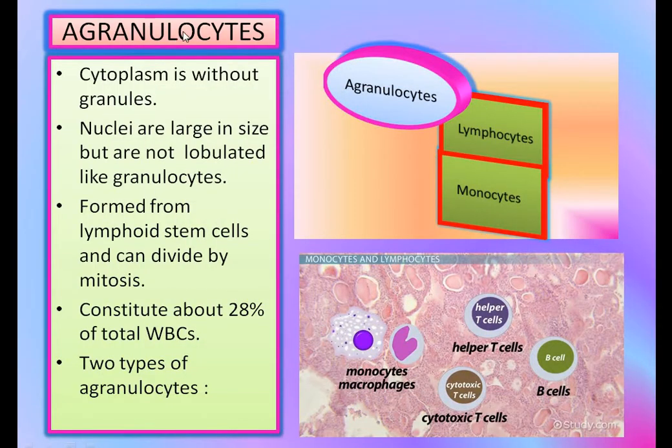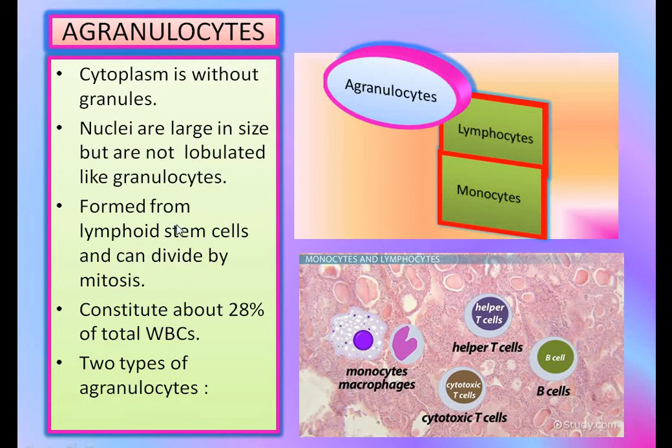Then the second type is called agranulocytes. The cytoplasm is without granules. Nuclei are large in size but are not lobulated like granulocytes. They are formed from lymphoid stem cells and can divide by mitosis.